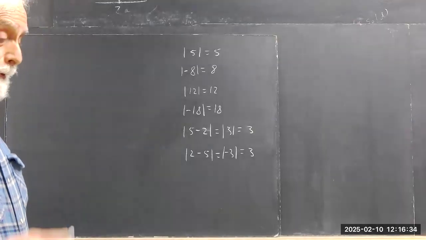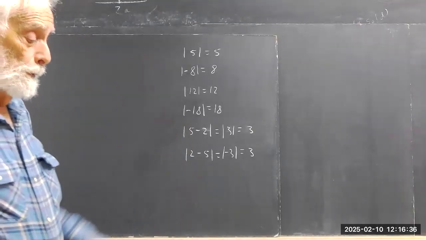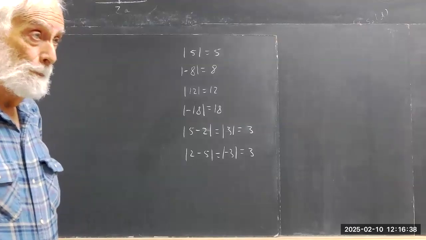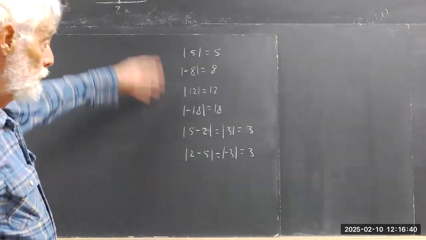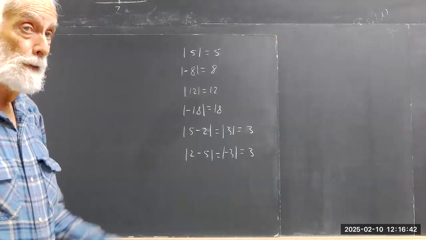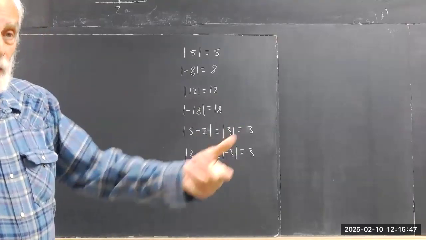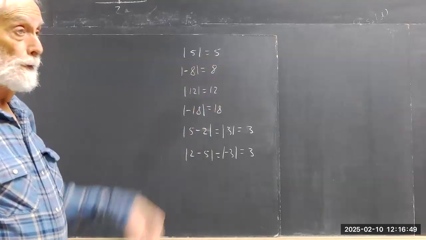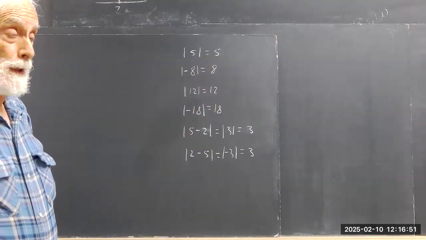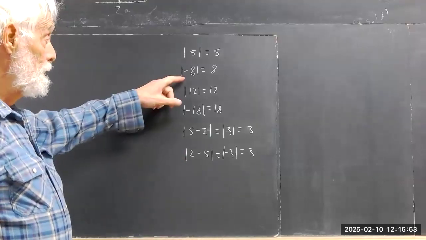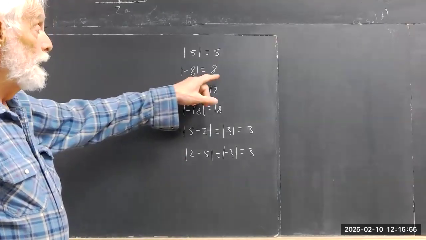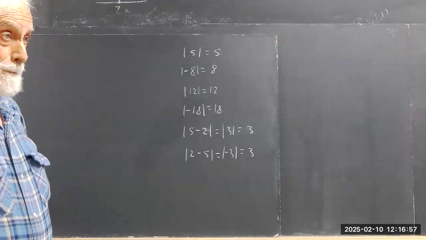Now there's a rule that you're going to read that I found confusing when I first saw it, after I'd learned to do a whole lot of stuff with absolute values. The definition is: if the number is positive, then the absolute value equals that number. If the number is negative, the absolute value is the negative of that number.